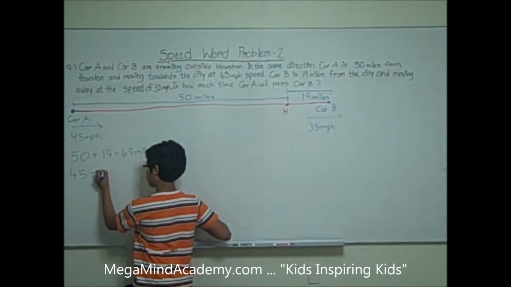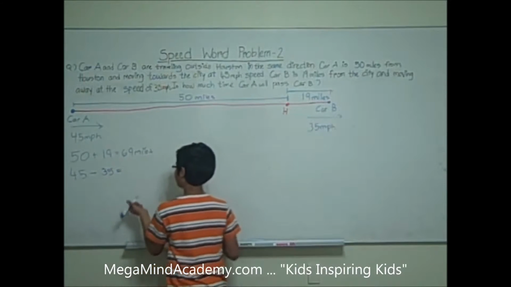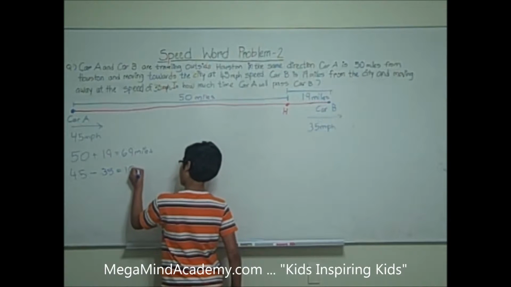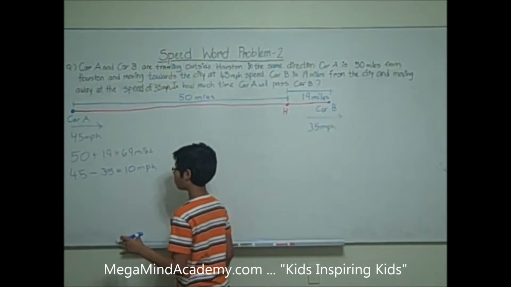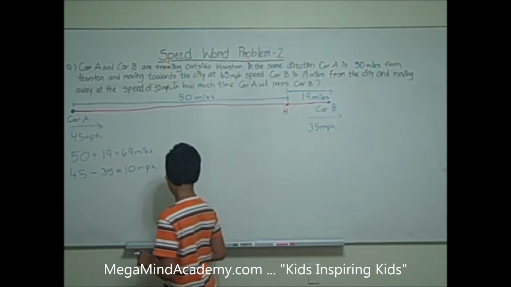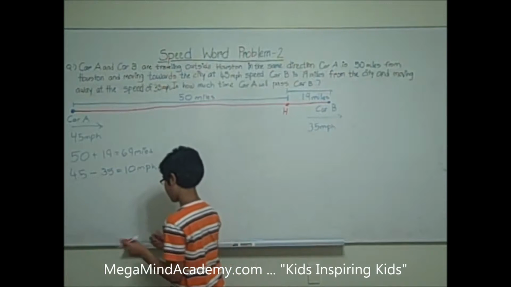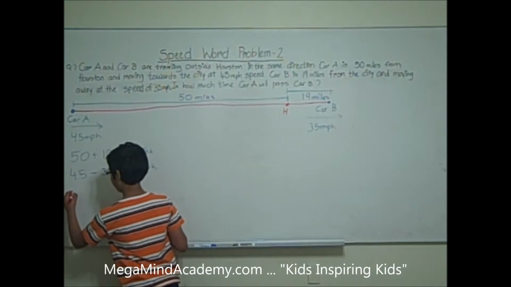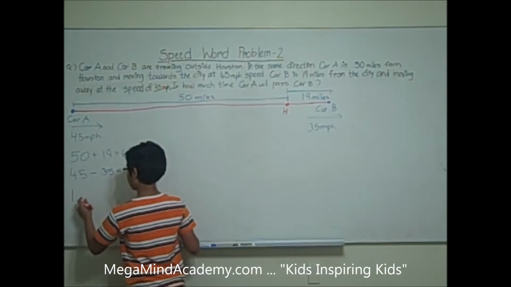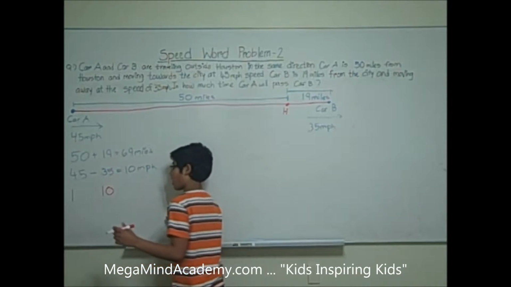So minus 35 is equal to 10 miles per hour. So this means that in 1 hour, car A will travel 10 more miles than car B.